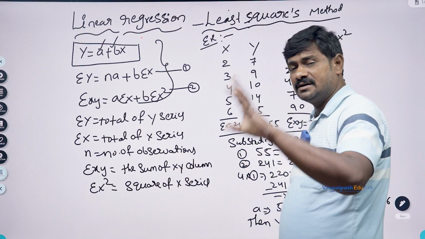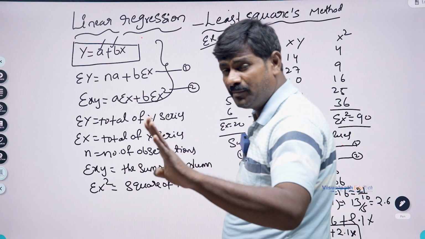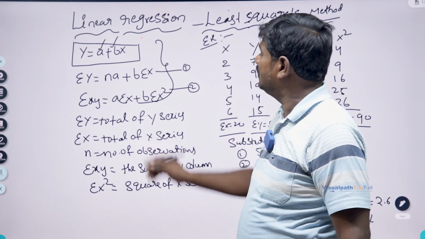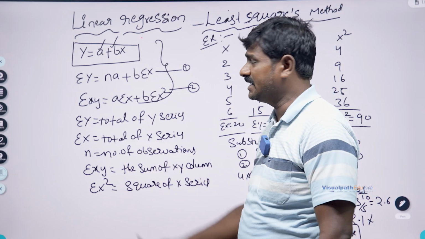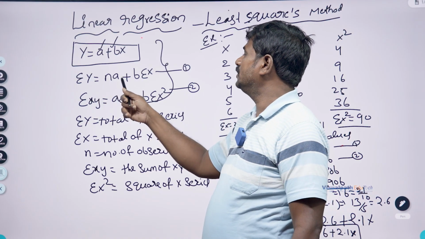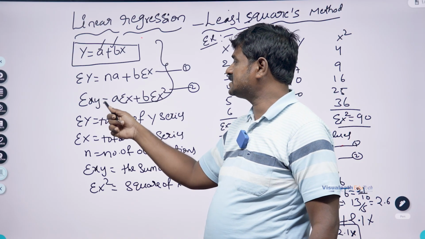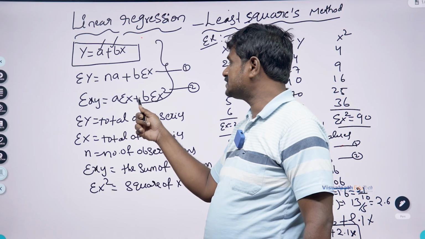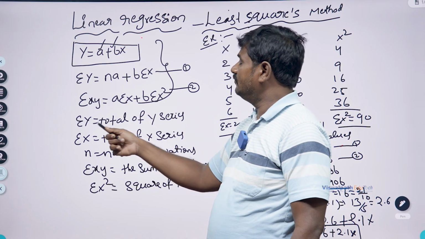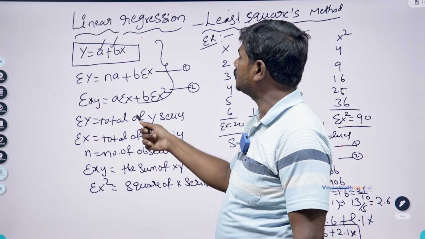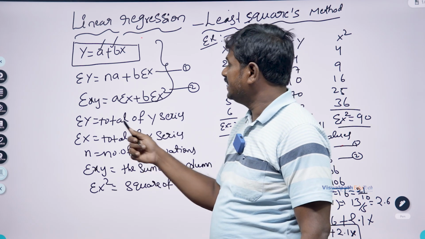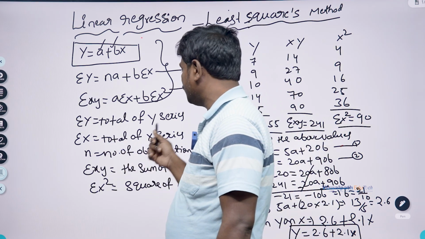To find those a, b values from the given information, we have two more equations: sigma y equals n into a plus b into sigma x. Similarly, sigma xy equals a sigma x plus b sigma x square. Here sigma y is the total of the y series and sigma x is the total of the x series.